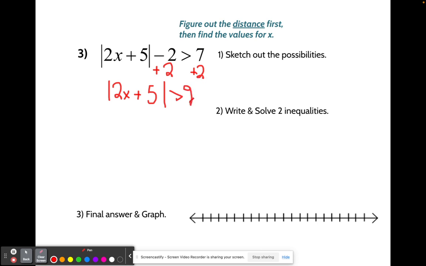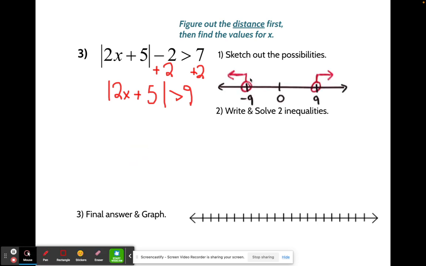So again, we got an "or." So our possible solutions, our numbers can be less than negative 9 or greater than positive 9.